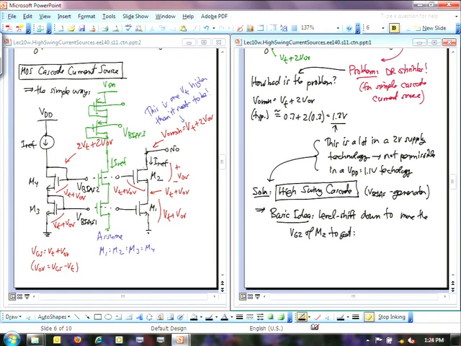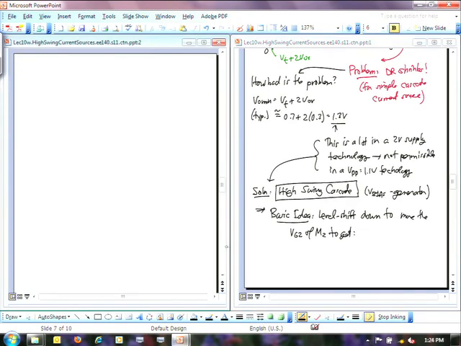So here's M2, this device. We're talking about this device, the one that's stacked on top of M1 in the cascode. And I'm running out of space there, so let me just draw it here. So there's M1, there's M2.